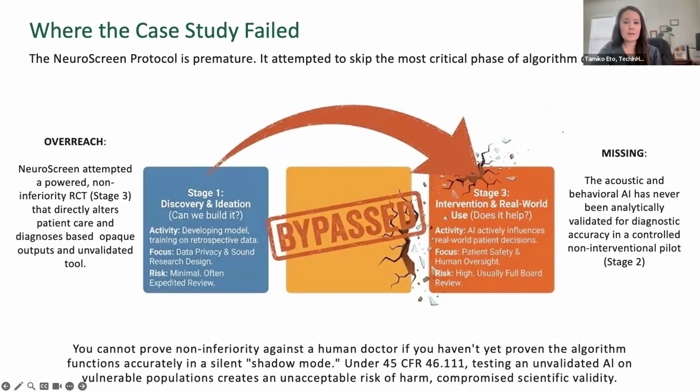And so that was the limitation of this study. Again, the absence of a stage 2 validation study is by itself a disqualifying deficiency for any AI protocol that proposes real world clinical use. And so here we would just ask them to conduct the analytical and performance validation before a randomized control trial evaluating efficacy or safety or patient outcomes.